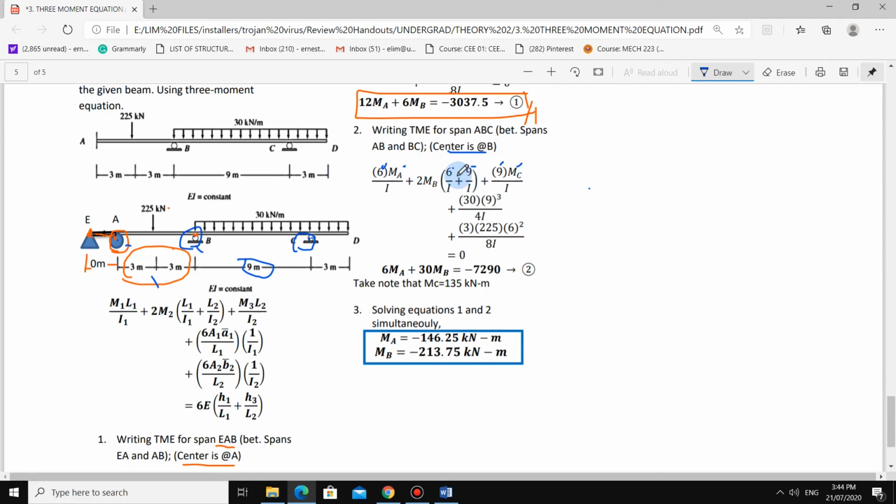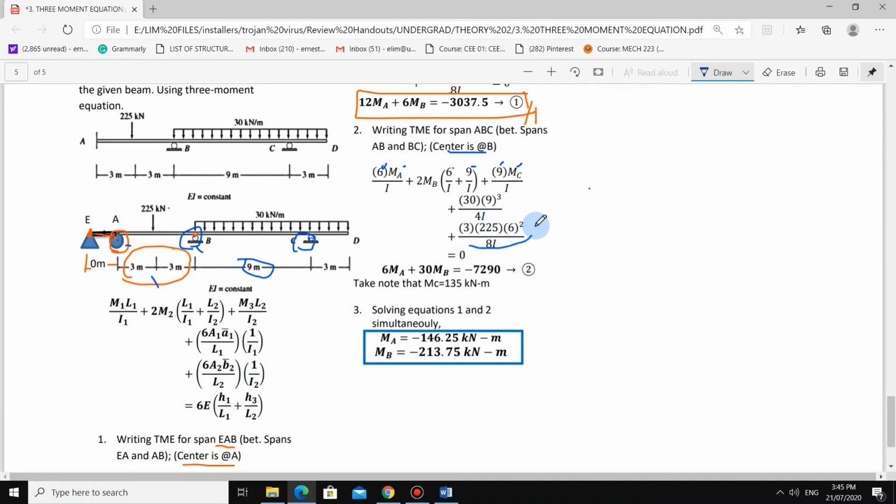Then plus, due to the loadings, we have 6A A bar over L, which is on the left side, span AB. That is 225, from 3PL squared over 8.